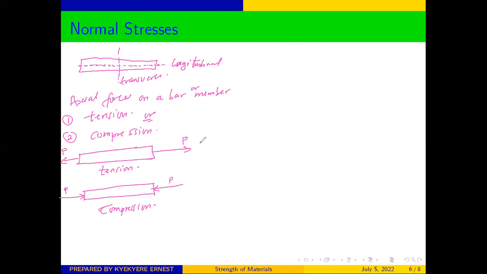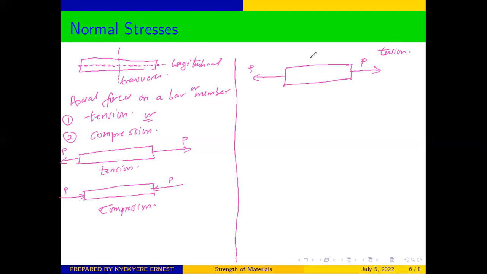Having said that, let us consider a bar which is in tension under the action of loads. If I have my bar like this and I have loads at the longitudinal section, so I have a force P here and another force P here. Now, this bar is in tension because the forces are pulling the member or the bar.